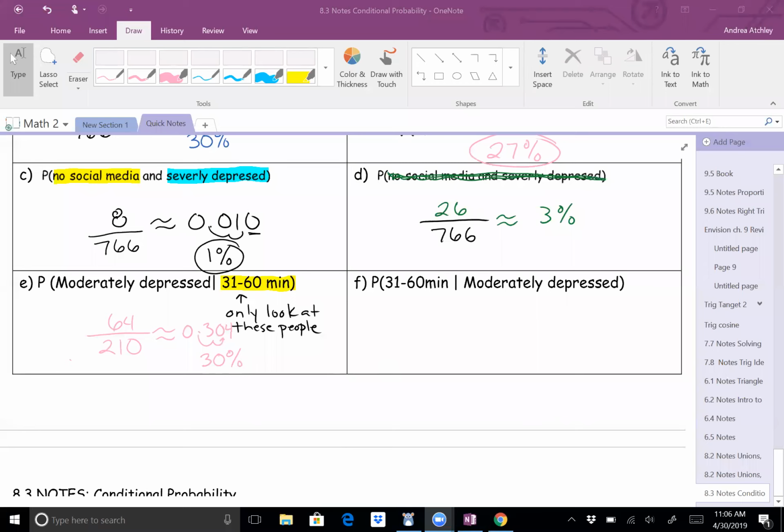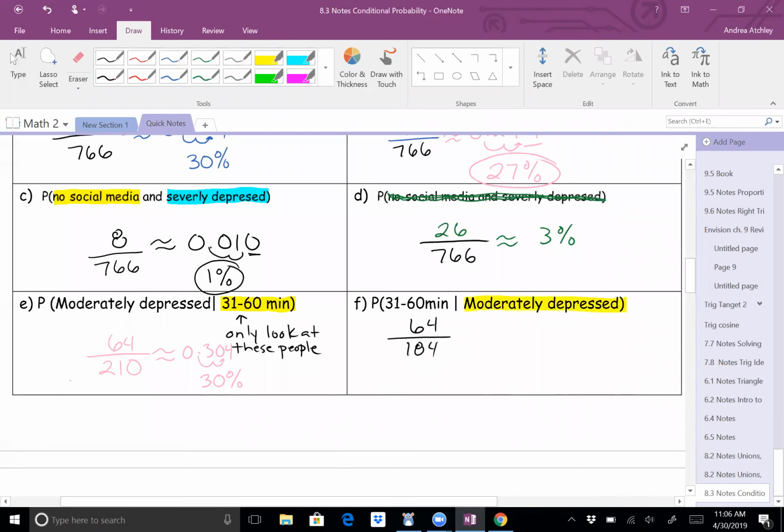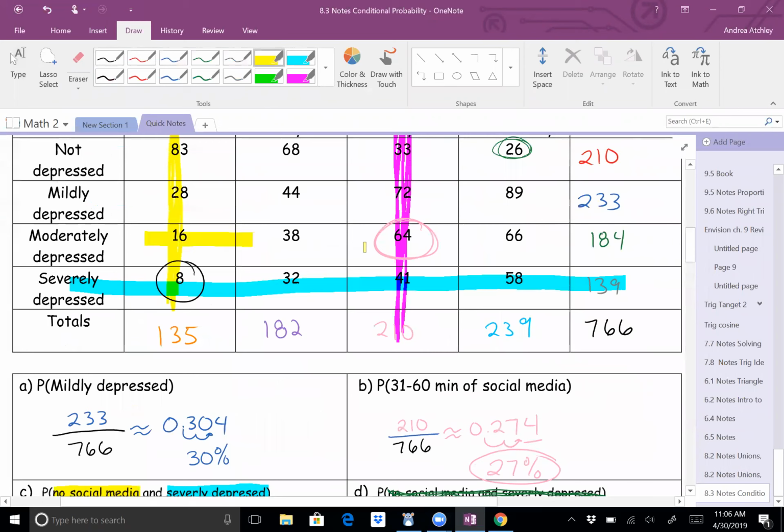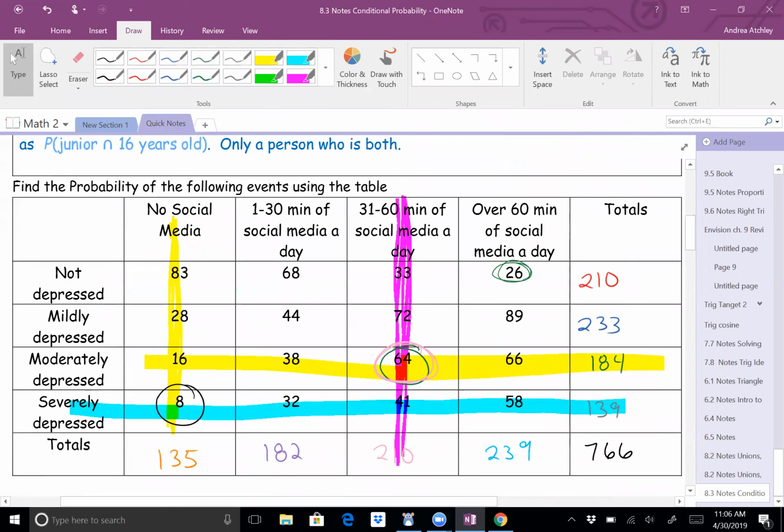Okay, Steven, what did you get your fraction to be? Very good. So again, we're only looking at the moderately depressed people. Okay, so that's this group of people here. So that's 184 people, and of those 184 people, 64 of them were on social media from 31 to 60 minutes.